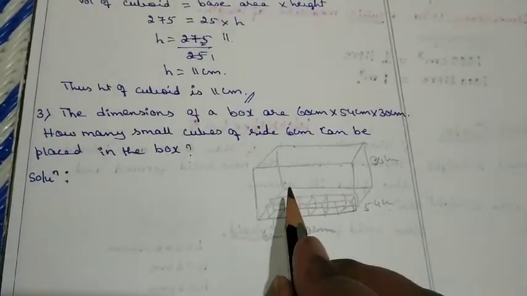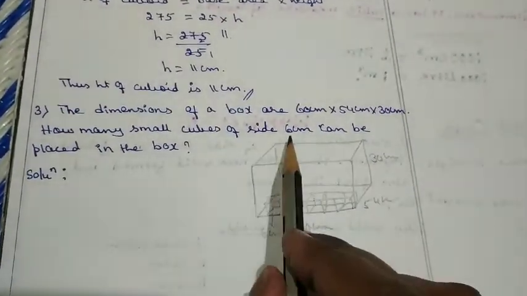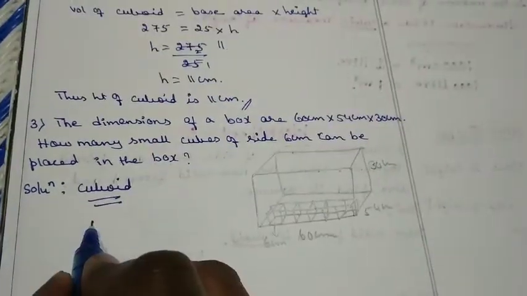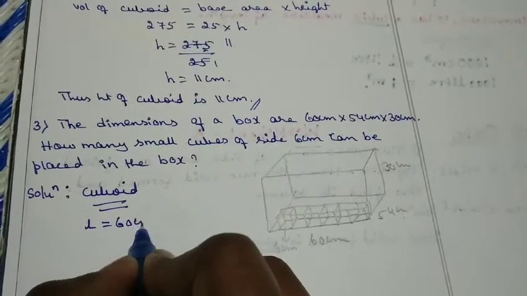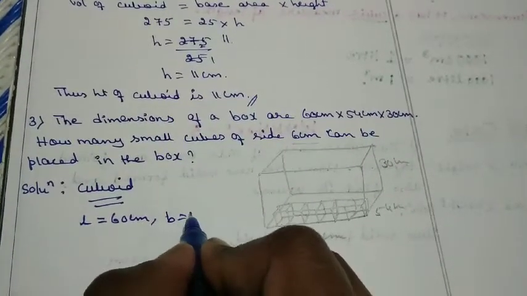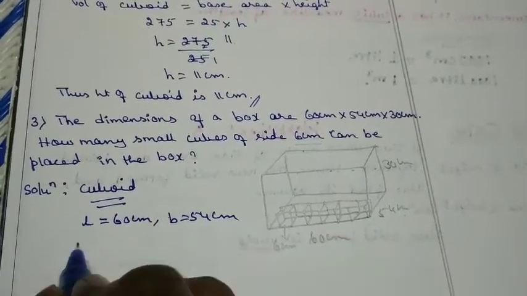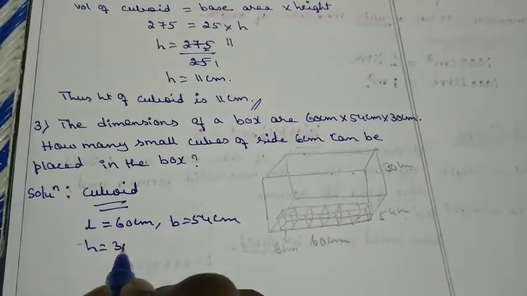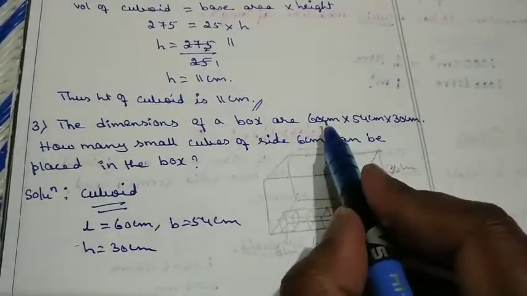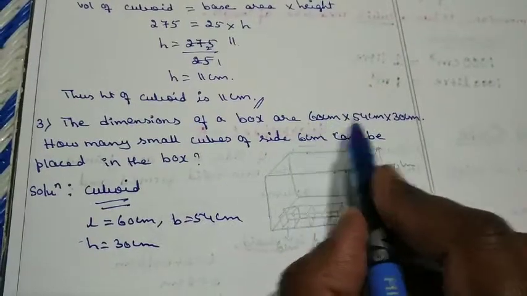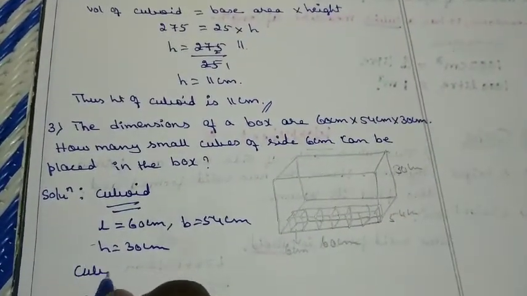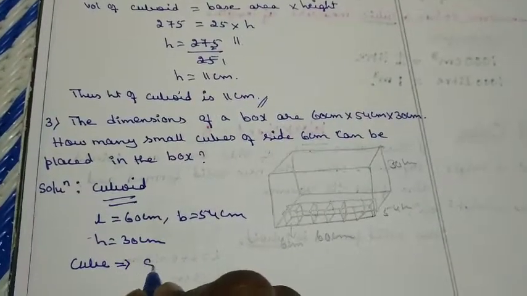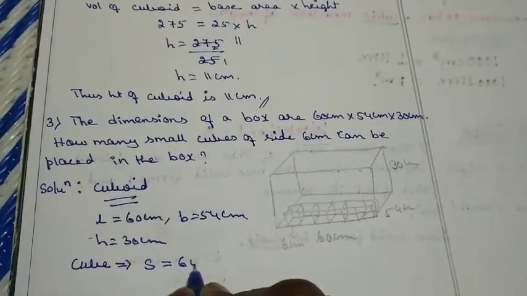It's nothing but total volume divided by volume of each cube. So cuboid length is equal to 60 centimeter, breadth equal to 54 centimeter and height is 30 centimeter. If the dimensions are given like this, it indicates length, breadth and height. And the cube dimension is given, that is only the side, which is 6 centimeter.